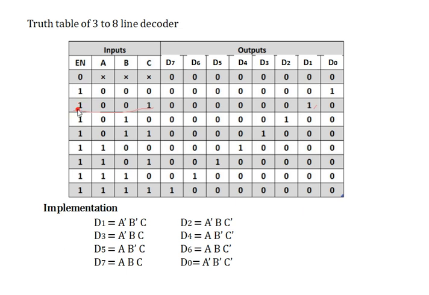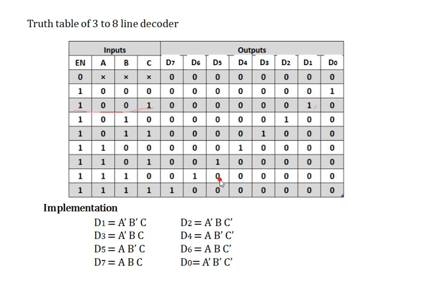So enable 1, A 0, B 0, C 1. See here, I have not considered the enable value; I have taken A, B, C only. Observe, A is 0 means A bar, B is 0 means B bar, C is 1 means C. So A bar, B bar, C, that is the Boolean expression for D1.